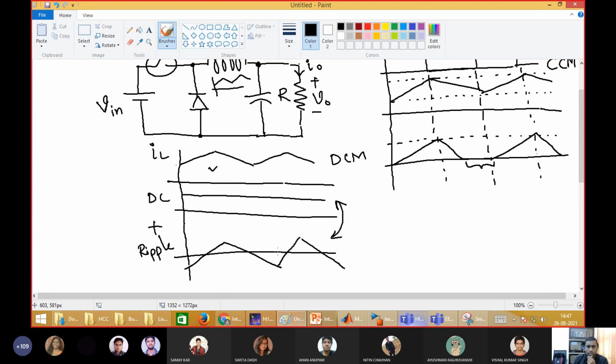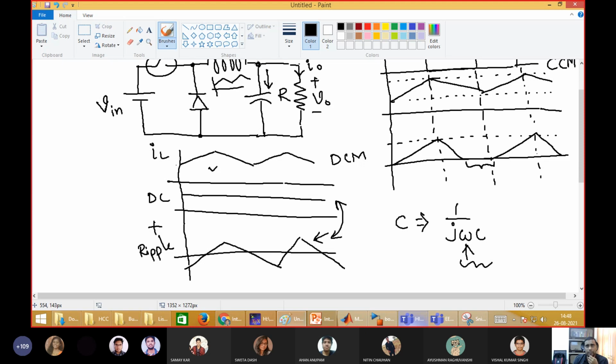If you do a Fourier series of this ripple current, it will have many high frequency components. Now, the impedance offered by a capacitor C is 1 by j omega C. So if the frequency is increasing, then this whole component is reducing. So this high frequency ripple current finds an easy path flowing through this capacitor.